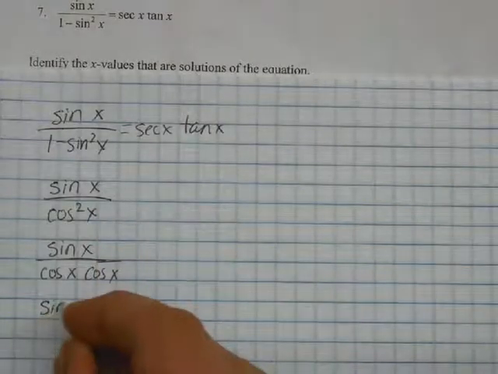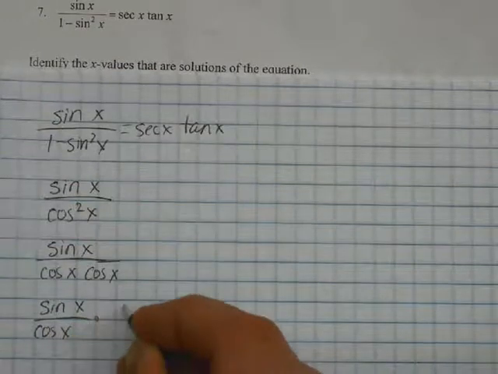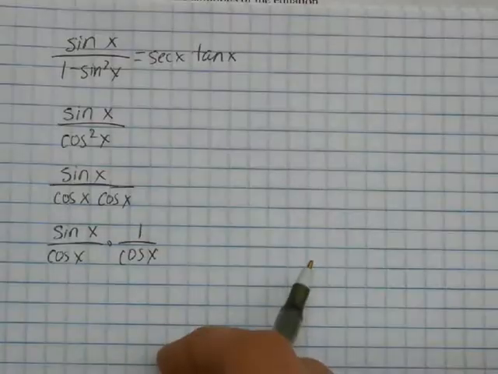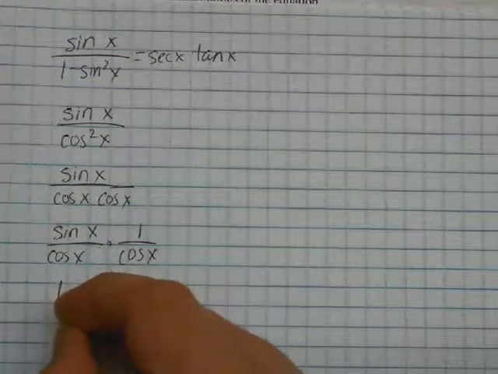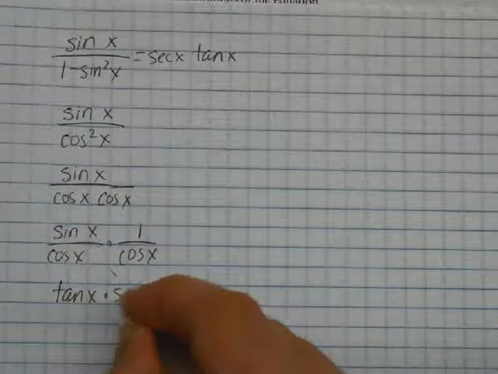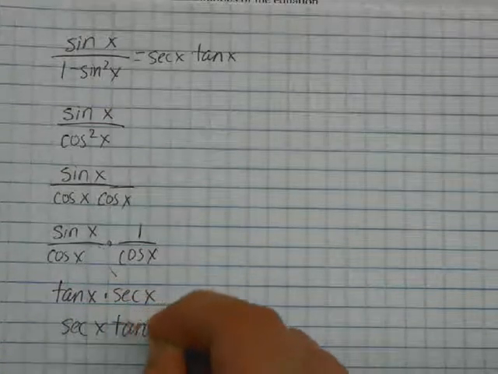So I could rewrite this as sine x over cosine x times 1 over cosine x. Sine over cosine is tangent, and 1 over cosine is secant. So that's secant x tangent x.